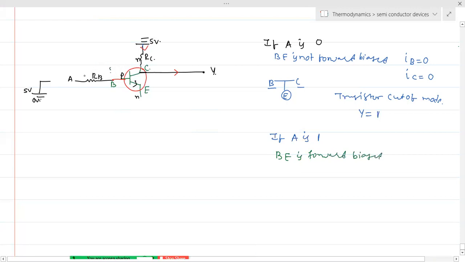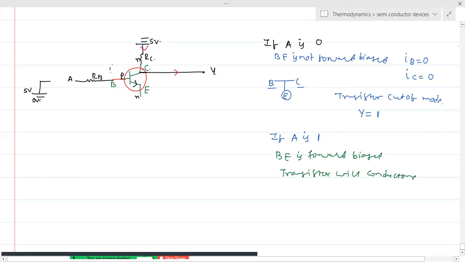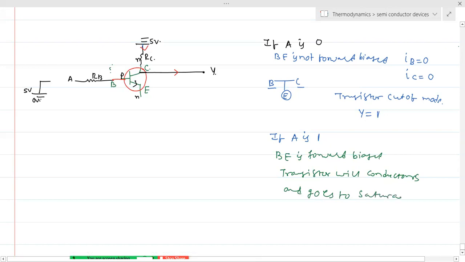So the transistor will conduct and goes to saturation state.